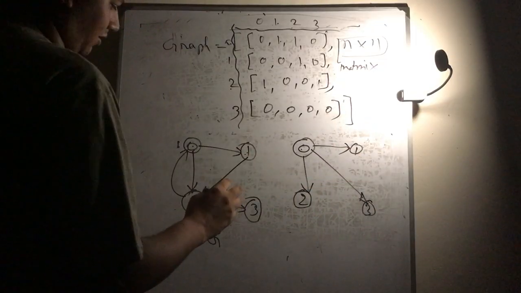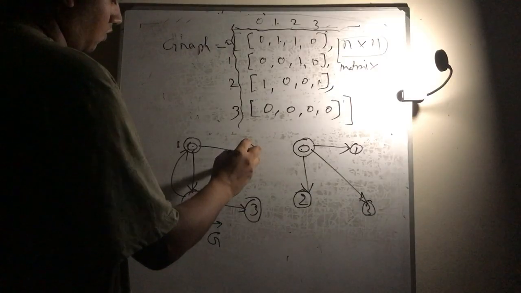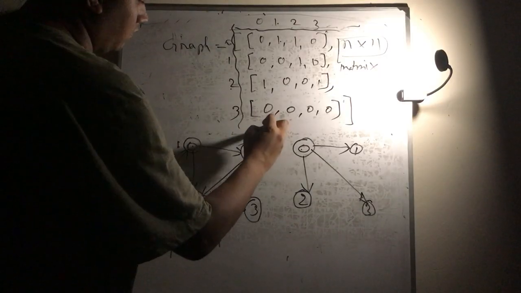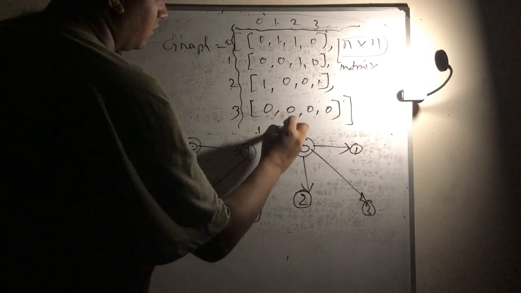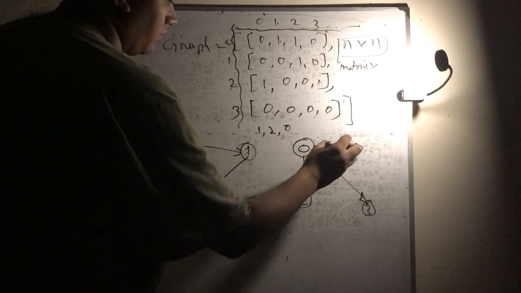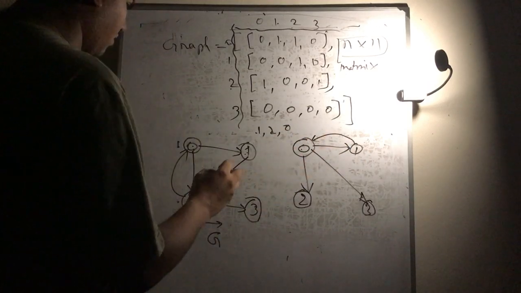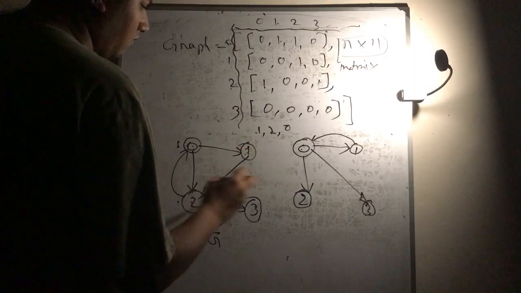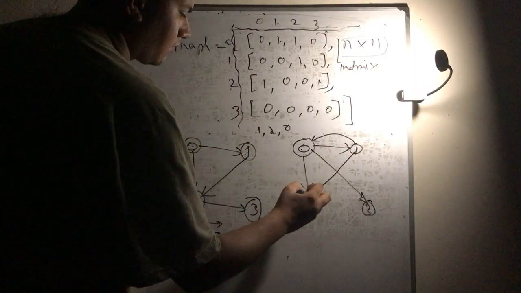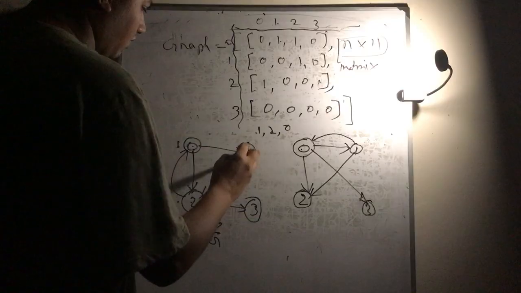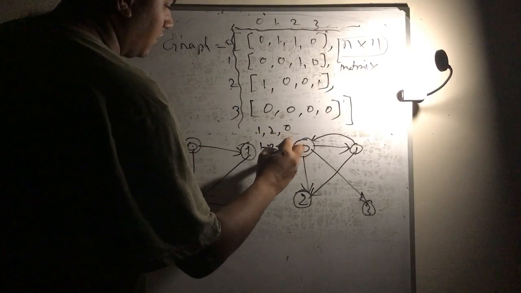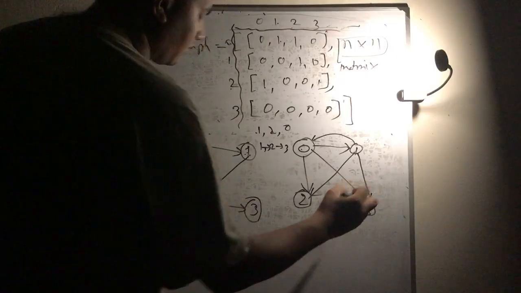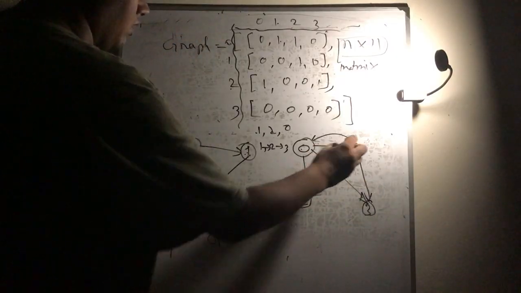From 1, can we reach 0? 1 to 2, then 2 to 0. So there is a path. 1 to 2, yes. 1 to 3: 1 to 2, then 2 to 3, yes.